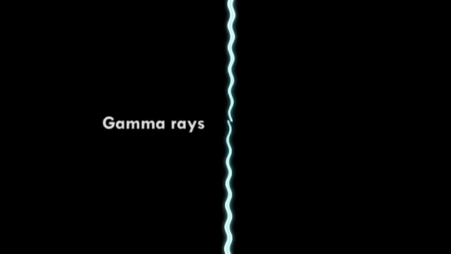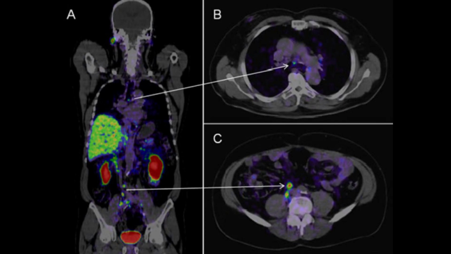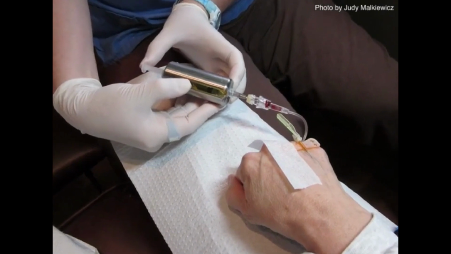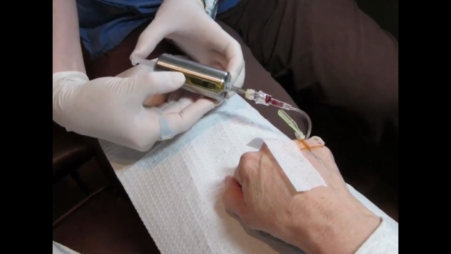The phenomenon of particle-antiparticle annihilation is at the heart of the cyclotron's biggest applications: positron emission tomography, or PET scans. PET scans have revolutionized medical imaging, providing invaluable insights into the functioning of organs and tissues at the molecular level. In PET imaging, a radioactive isotope, such as fluorine-18, is injected into the patient's body.